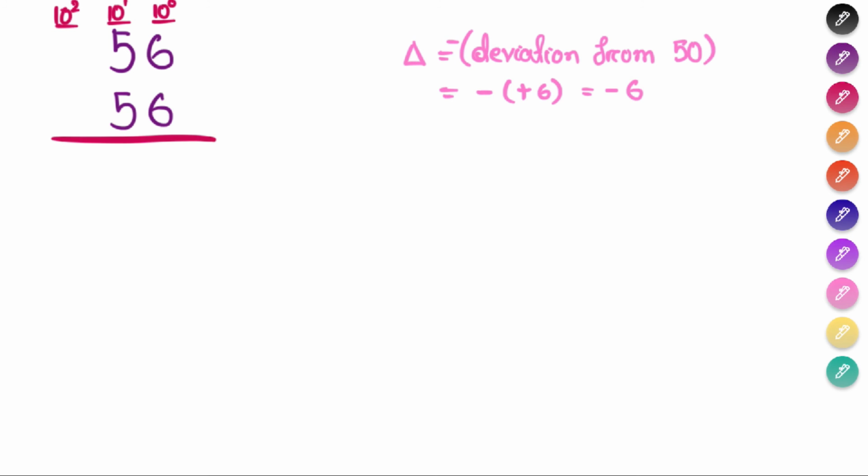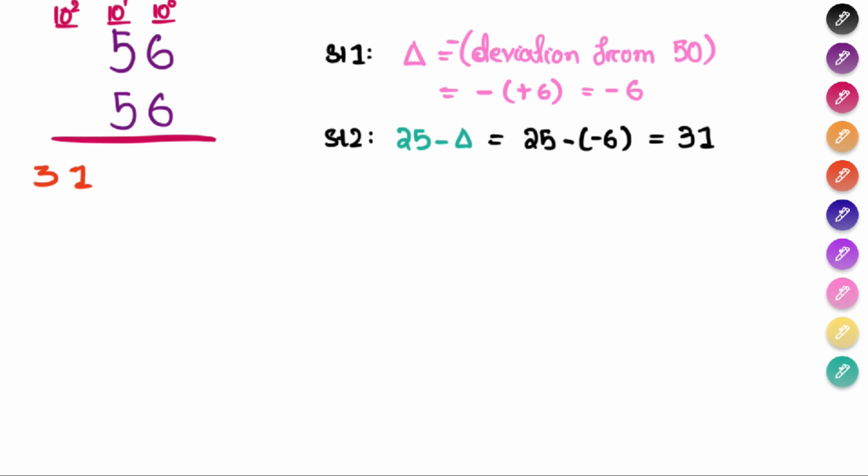Now the next step is we subtract delta from 25. So 25 minus delta is equal to 25 minus minus 6, that gives us 31. Let me write over here, this is step 1, this is step 2, 31. So we'll simply write 31 and multiply it with 100, 3100.